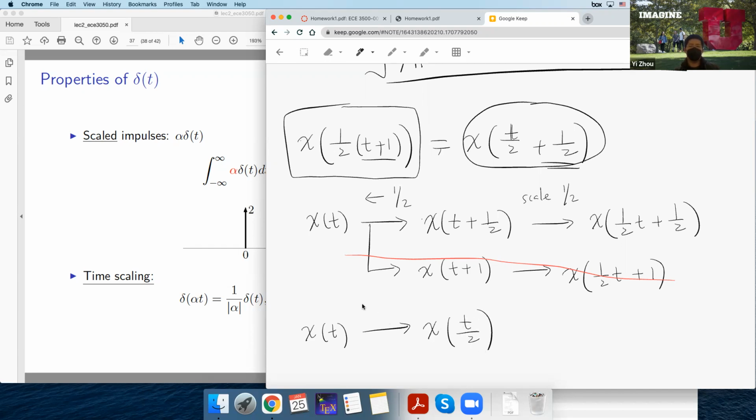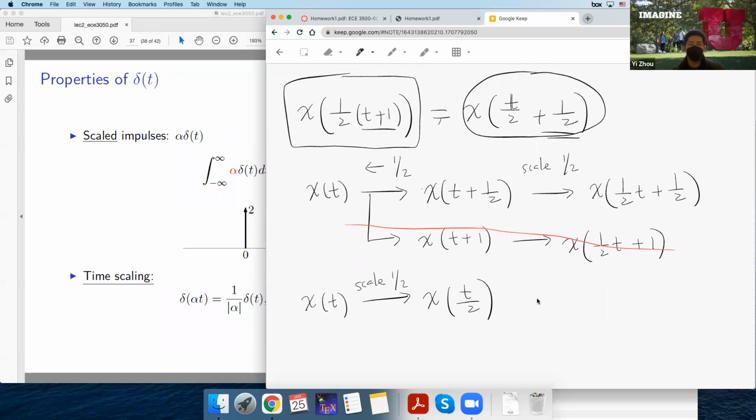This is a standard scaling, expanding the axis by a factor of 2. And then we need to introduce this shifting factor. From this expression, we can see that we just need to replace t here by t plus 1. So that is a shift to the left by 1 unit. We just need to replace the entire t by t plus 1.